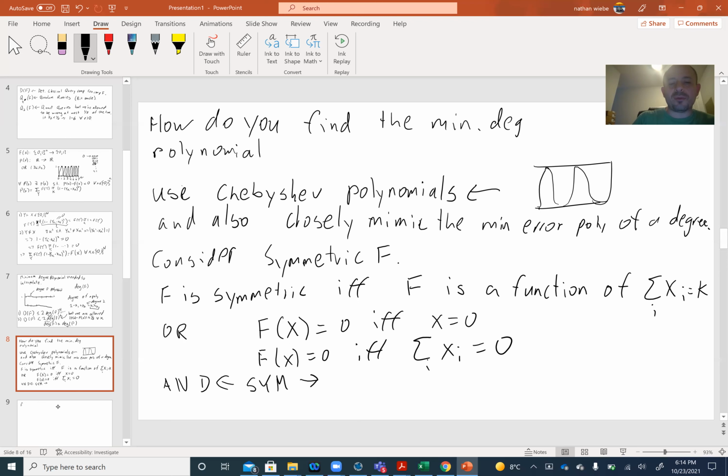AND is also a symmetric function, as is the parity function. Again, they both satisfy the property that the value of the function only depends on the sum, the number of ones that we end up getting in both cases. An example of a function that wouldn't be symmetric would be, let's consider negating one of the bits inside this Boolean circuit.